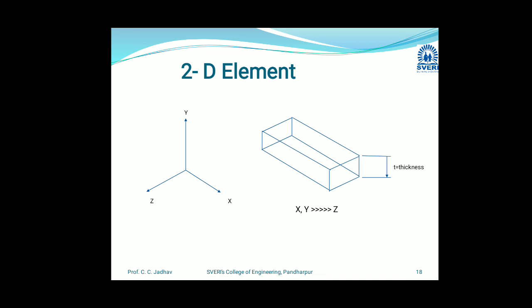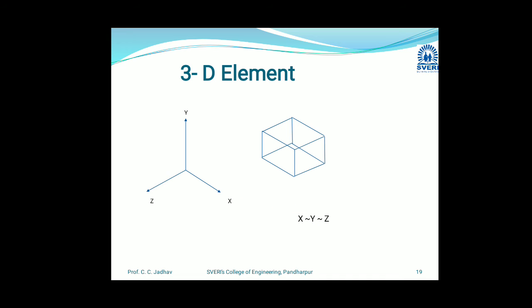Element types are thin shell, plate, membrane, plane stress, plane strain, axisymmetric solid, etc. For this element, some practical applications are sheet metal parts and plastic components like instrument panels. So in this type of application we use the two-dimensional element, in the automobile industry and aerospace industry. So this is the second type of element, the two-dimensional element.